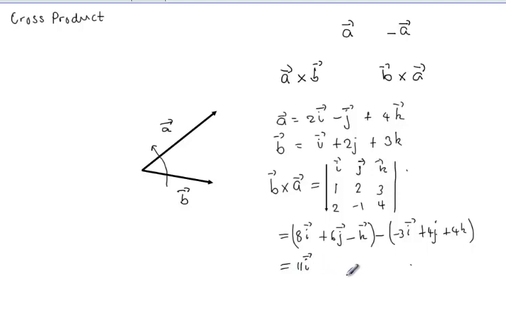Are we together? Then 6 minus 4 is 2j. Then what follows there? Minus k minus 4k, minus 5k. Are we together? Okay. So that's the cross product B cross A.